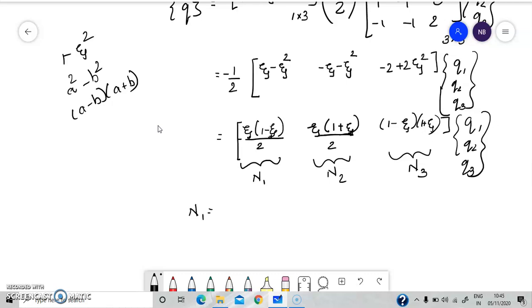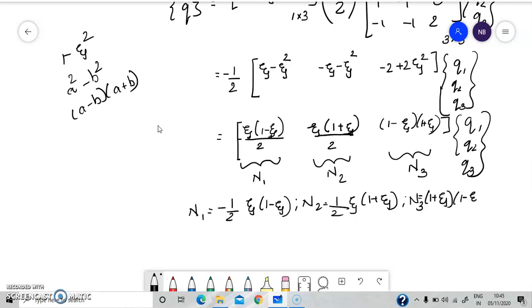So rewriting, N1 equals minus half zeta into 1 minus zeta, N2 equals half zeta into 1 plus zeta, and N3 equals 1 plus zeta into 1 minus zeta. We will continue with the variation of N1, N2 and N3 in the next video. Thank you.